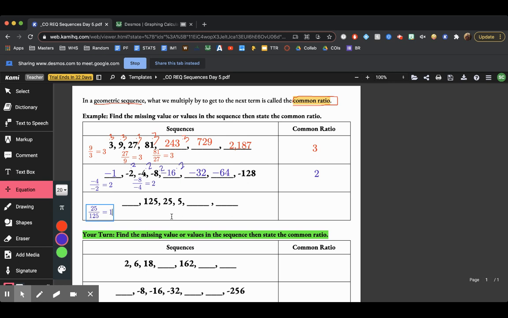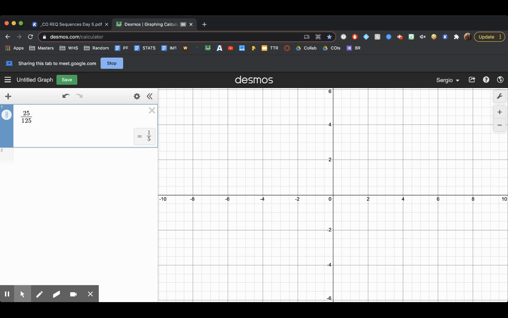Okay, so we click on that fraction, and that gives me 1/5. Now I'm going to do the next one, which is 5 divided by the previous, which is 25. I'm going to go to decimals again so that you can see. 5 divided by 25 gives me 0.2, and if I click on this, I get the fraction 1/5.